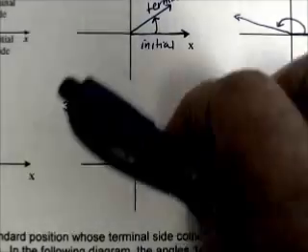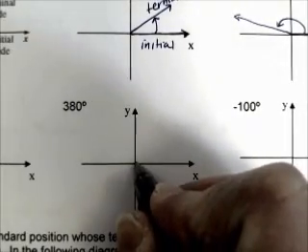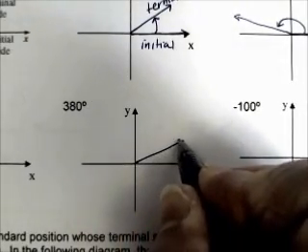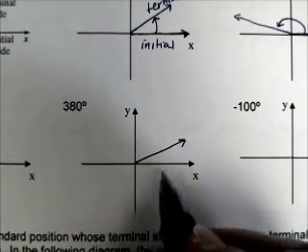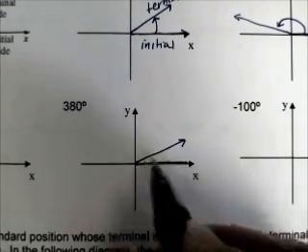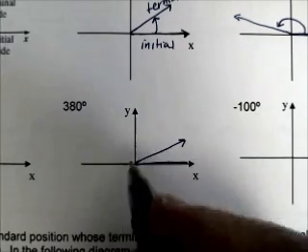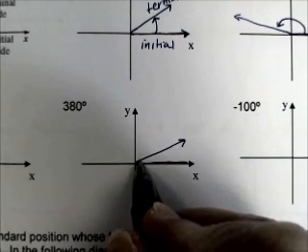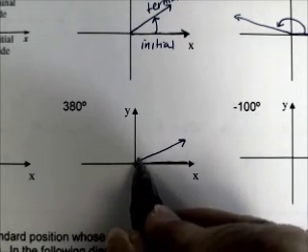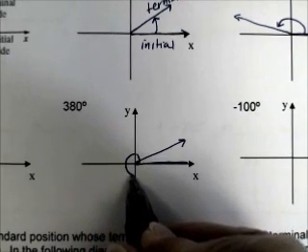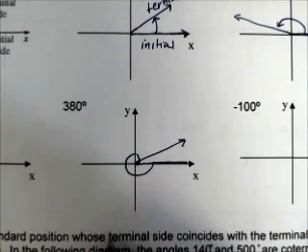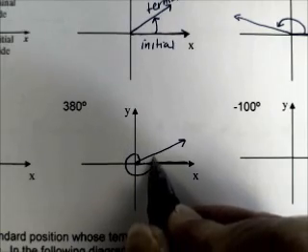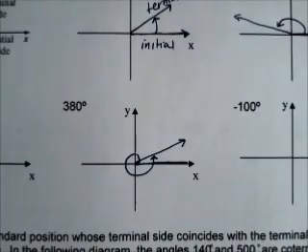Now, how do we indicate that? Well, let's first draw the terminal side, the ending side. This was the initial side, right? And to indicate that we went once around fully, starting at the origin, here I am drawing our direction, it meets up with 360 and goes just beyond it.